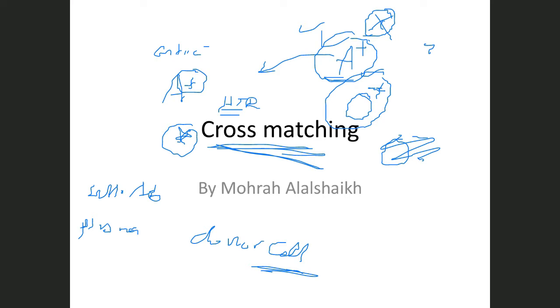So do you think, after all of the tests that we do before cross matching, we will get a positive result, which means agglutination? Or do you think it will be zero, so homogeneous? What do you think?